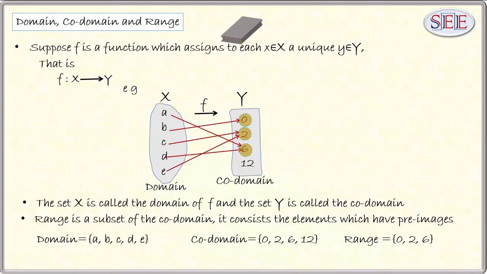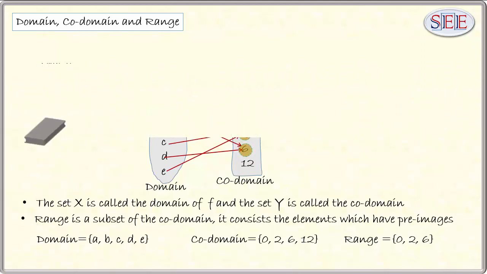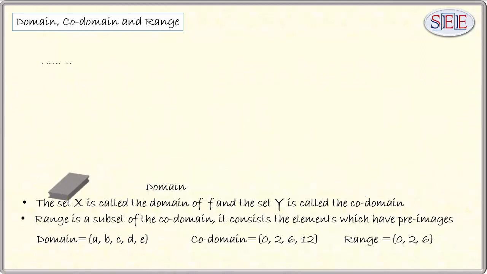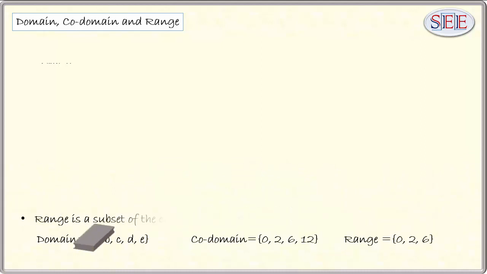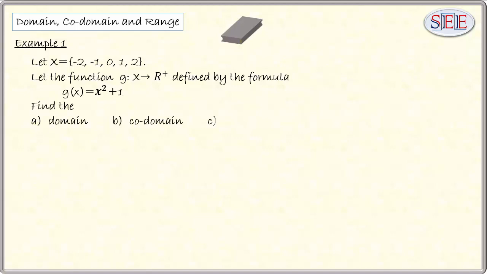We take examples. Example number 1: let the set X contain the elements minus 2, minus 1, 0, 1, and 2, and let the function g be from X into the positive real numbers and be defined by the formula g of x equals x squared plus 1.